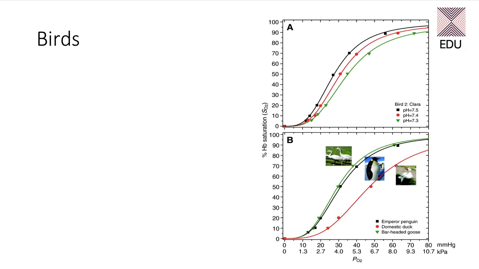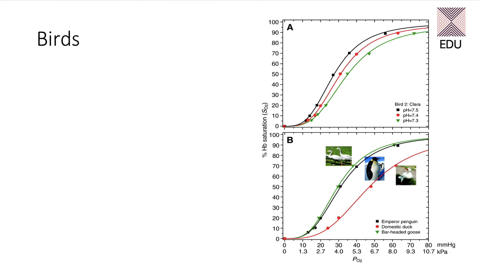First of all, it is very slow in taking up the oxygen. Suppose we take the partial pressure of oxygen as 30 mmHg. It is only saturated up to like 20%. It is quite slow.